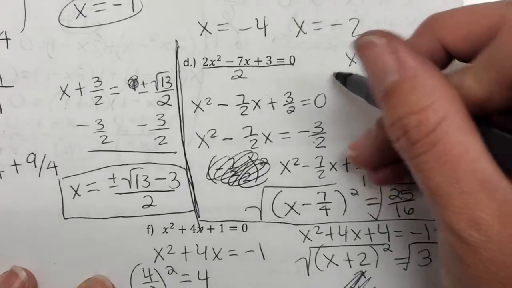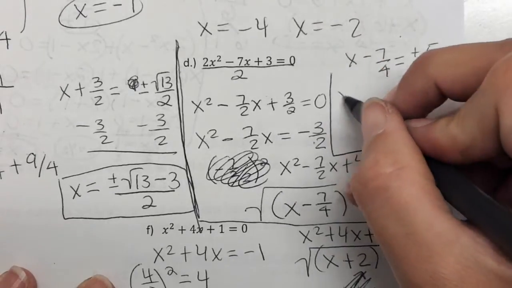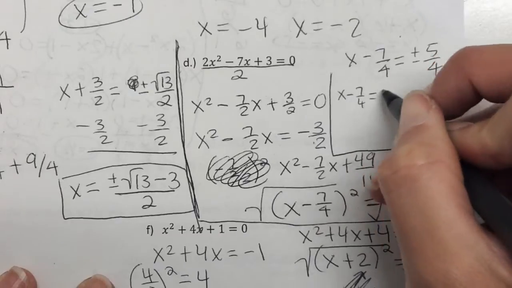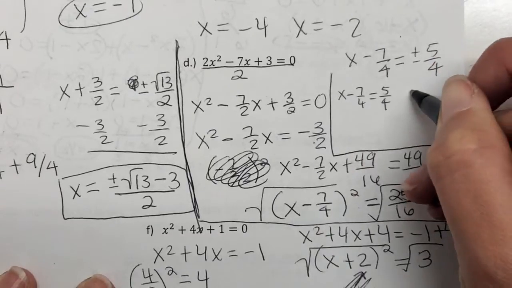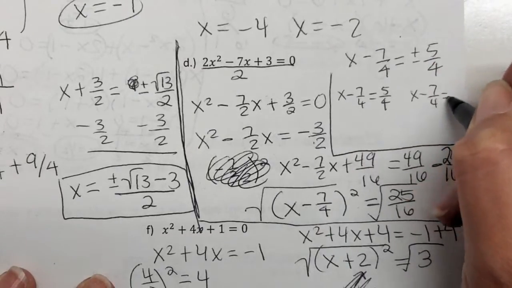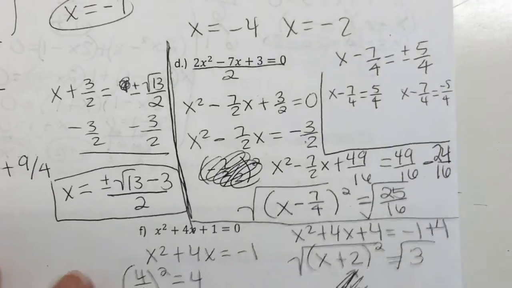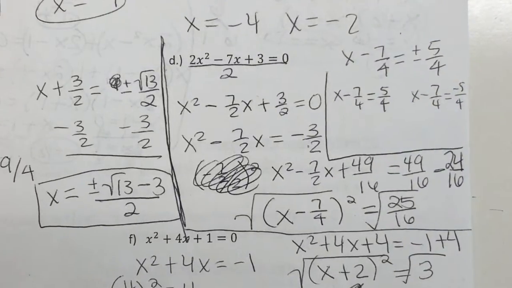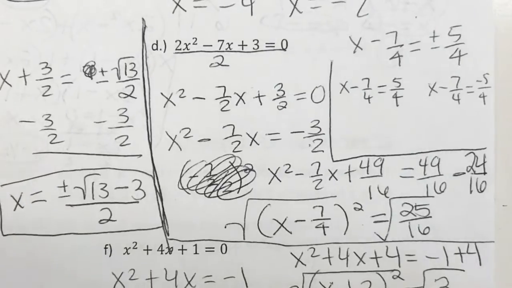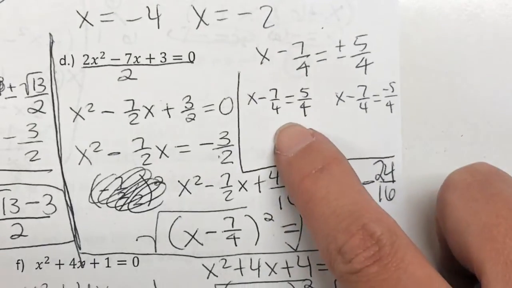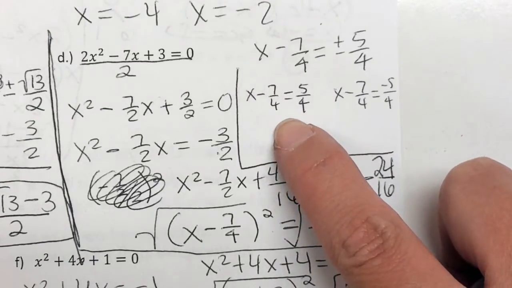So I set up my two cases because I'll have two answers. I have x minus 7 over 4 equals positive 5 over 4. X minus 7 over 4 equals negative 5 over 4. Let me zoom in some. Alright, on this one I add 7 to both sides, correct?